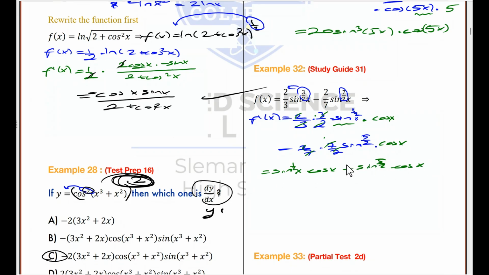I'm done taking the derivative, but I may keep going in simplifying because I can see a common factor here, cosine. Take cosine out. And I also see sine as a common factor. But how many sines is the common factor? When you look at the power, it's sine to the half, sine to the 5 over 2.